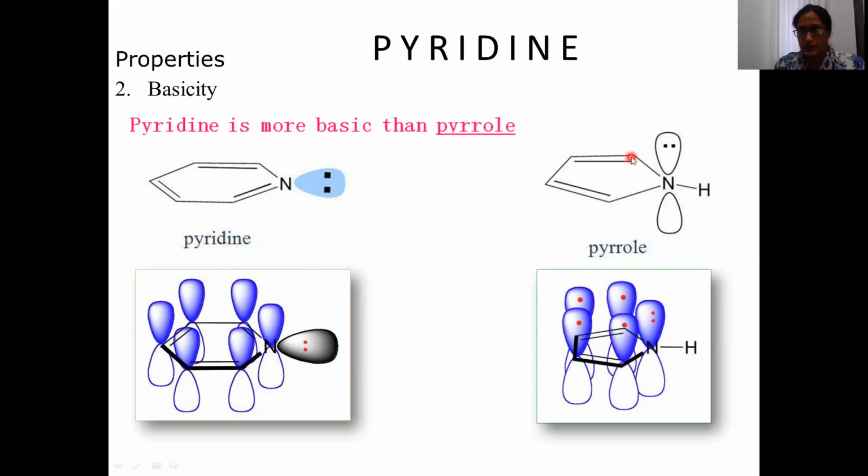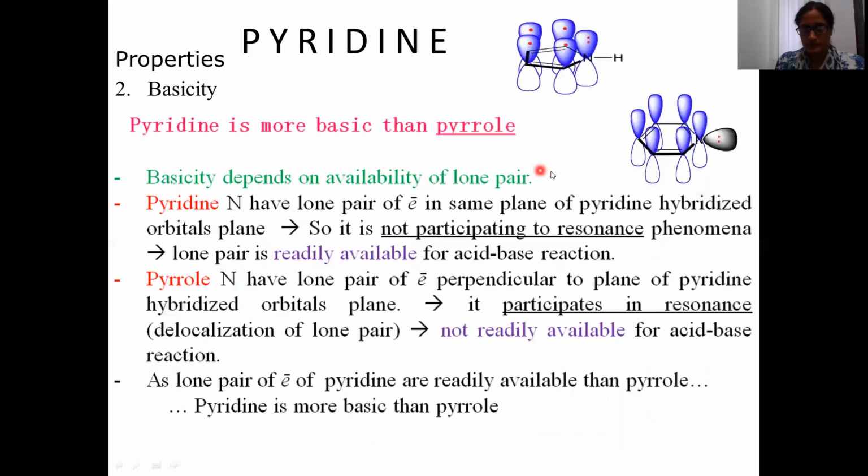Look at the structure of pyrrole. It is a 5-membered ring which contains nitrogen with a non-bonded electron pair, and here pyridine is a 6-membered ring which contains nitrogen with an sp2 hybridized orbital holding the lone pair of electrons. Basicity depends upon the availability of the lone pair of electrons. In pyrrole, the lone pair of non-bonded electrons is involved in the resonance process.